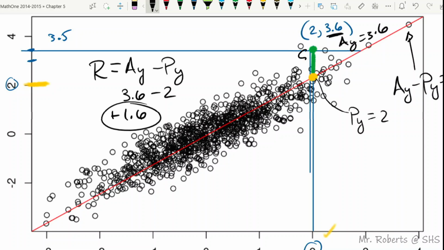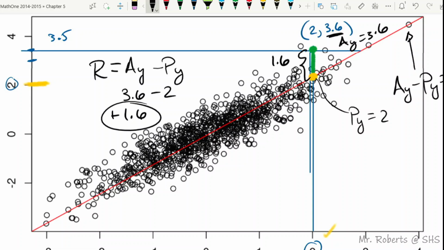The length of this line segment is exactly 1.6. So that's the idea of residual. There's an association between these two variables. It looks linear, it looks like it's increasing, and I'd say it's a strong association. All these data points are not predicted perfectly, but there is a difference, and that's called the residual. All right, so that's just a way of review.